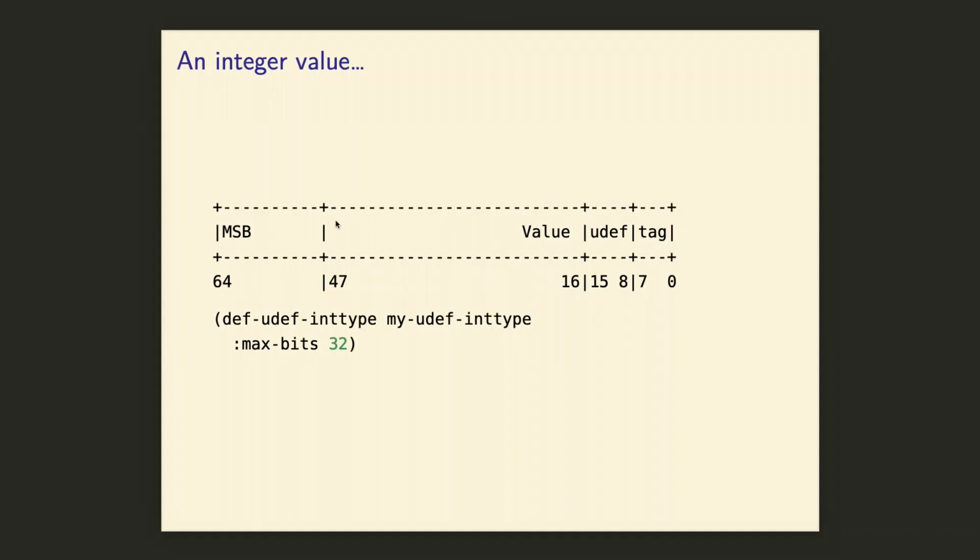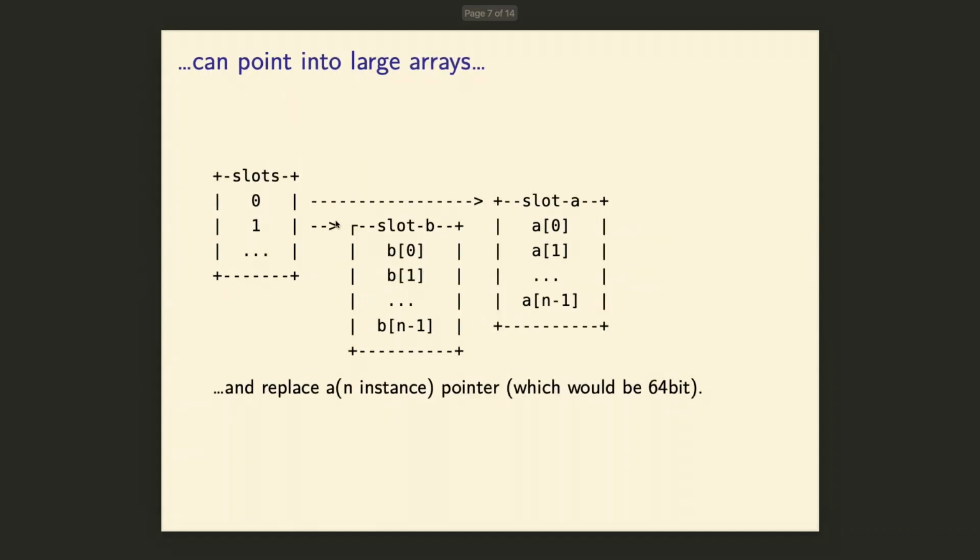What can you do with an integer value? You can use it to point into large arrays, for example. So you can simulate structures by having one vector that represents slots, with large vectors referenced by this array to store the actual contents that you want to address.